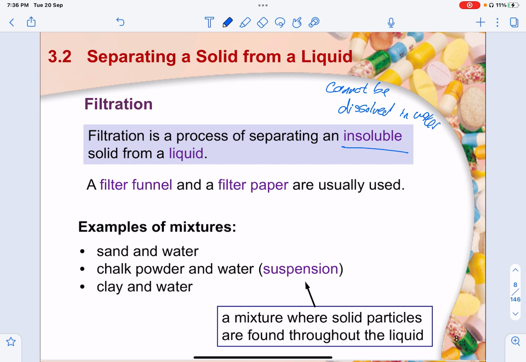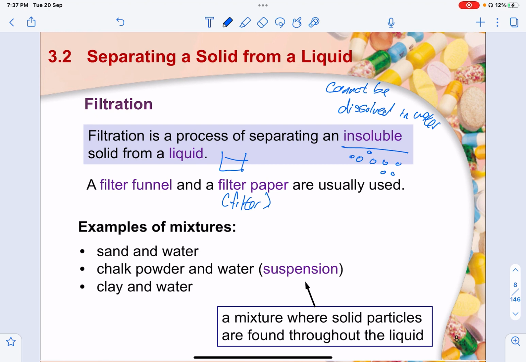So generally, how do we go about it? Because all these are insoluble, they tend to be particles. And of course, the liquid portion will be just some solution. So what we'll do is put this whole thing into a filter funnel, and the filter paper acts as the filter, such that it is able to trap the substances if they are big enough and not small enough to pass through the partially permeable filter paper.